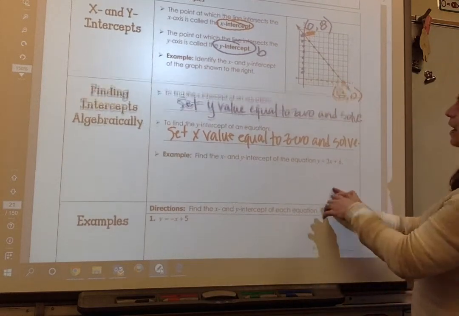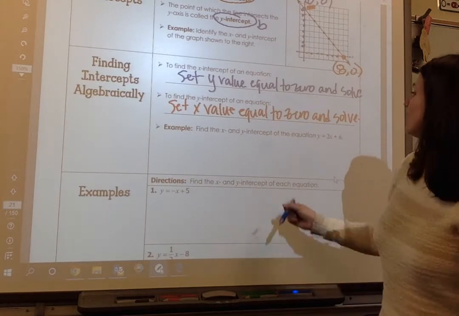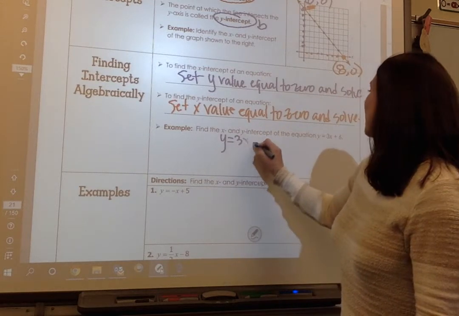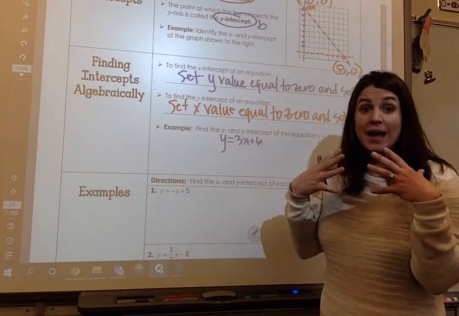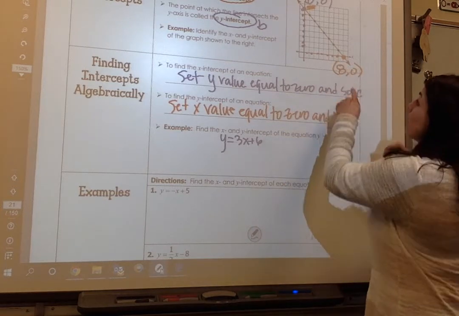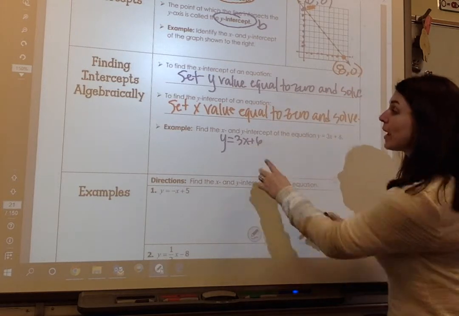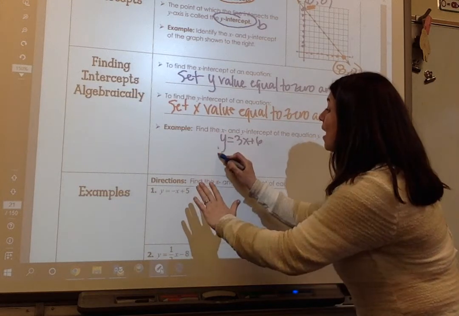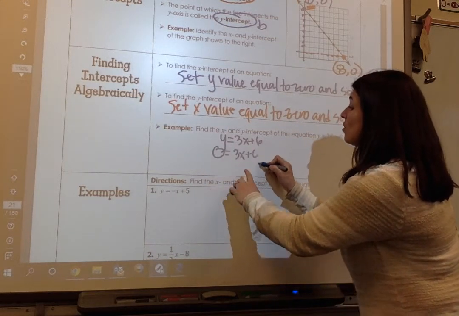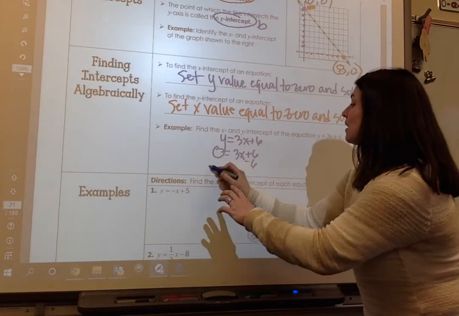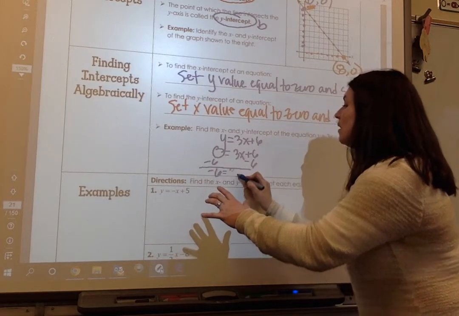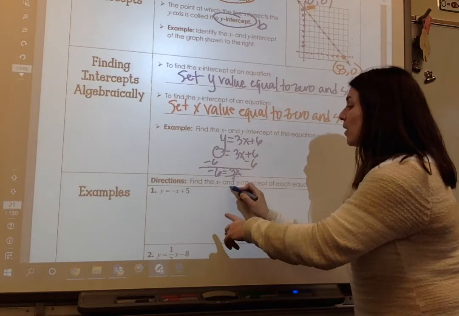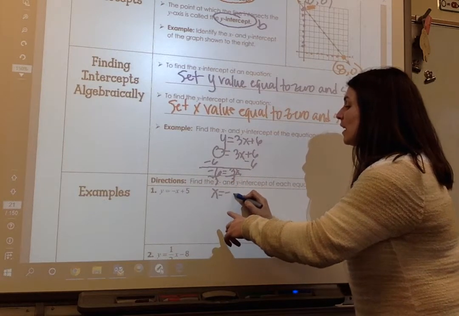If I want to find the x and y intercepts of y equals 3x plus 6, remember, for my x-intercept, I'm looking for my x value, but I know my y value is 0. So really, I'm just going to put y equal to 0 and solve for x, so I subtract 6 from both sides, divide by 3, and x equals -2.